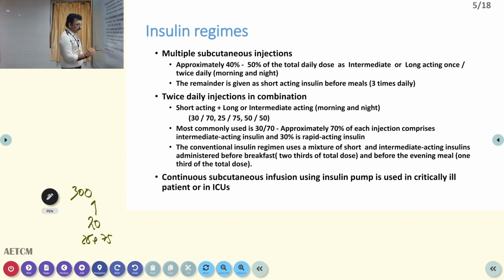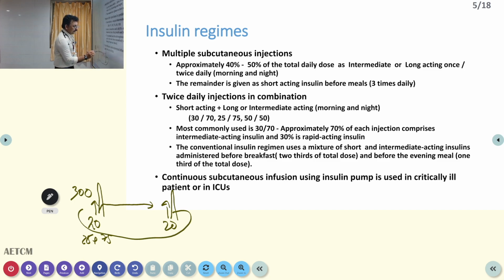Morning I give 20 units, night also I give 20 units. So in that 25%, that means around 5 units act very fast, and the rest 15 units act throughout the day. Night again I give 20 units of mixed insulin. The 5 units act very fast, and the rest 15 units act throughout the night.